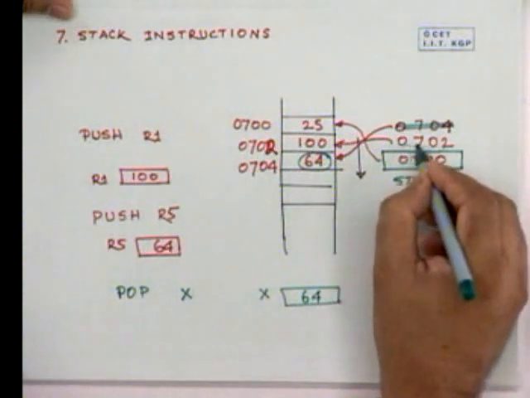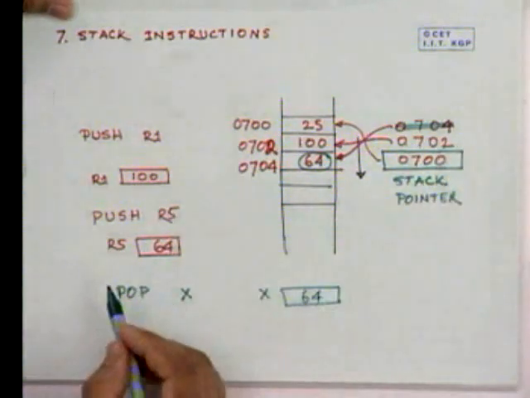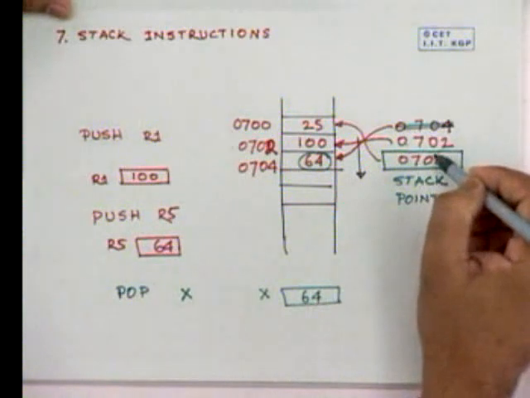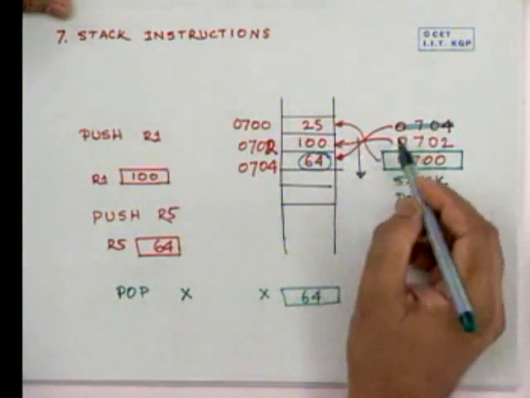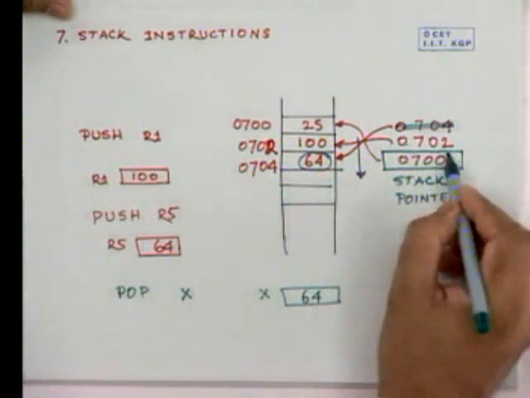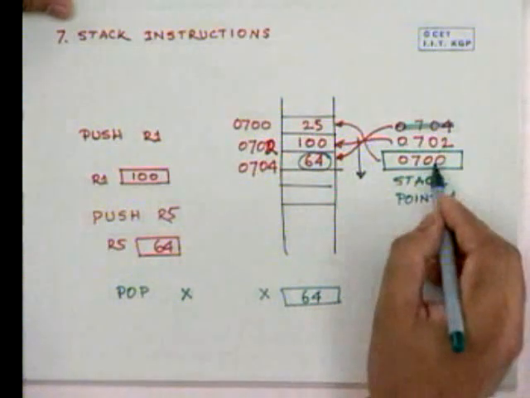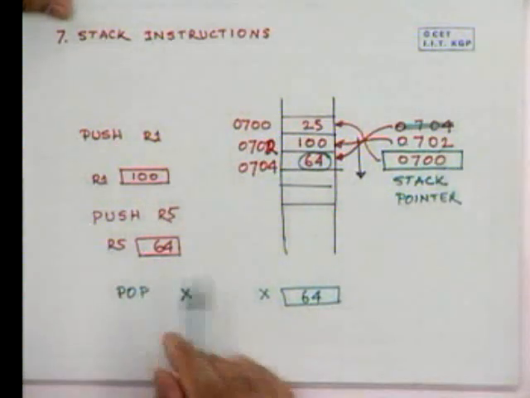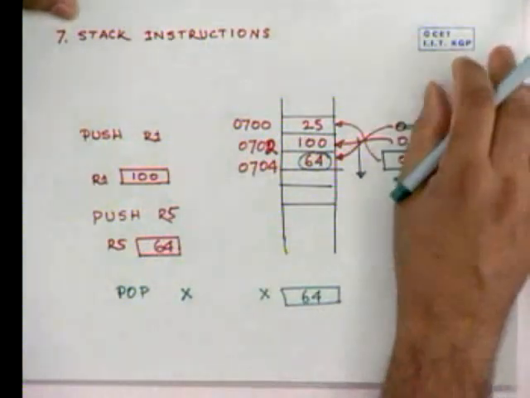It will now contain 0702. Similarly, if we pop once more, the 100 will be taken out and the stack pointer will come back to 0700.